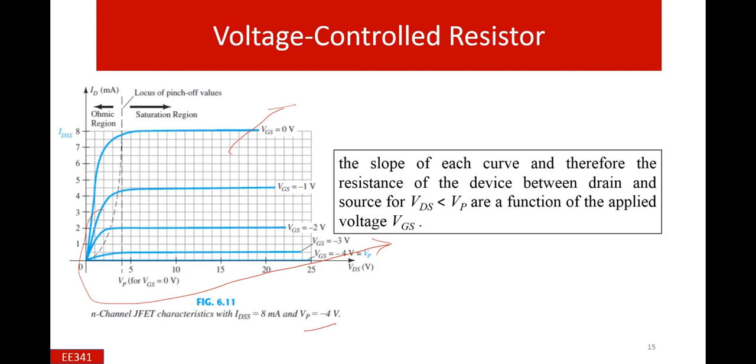If VGS is more and more negative, the slope of the curve becomes more and more horizontal, and this corresponds to the resistance value. This can be verified through the relation that the change in resistance is equal to the change in potential divided by the change in current.